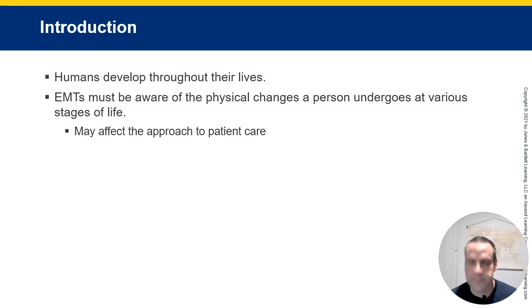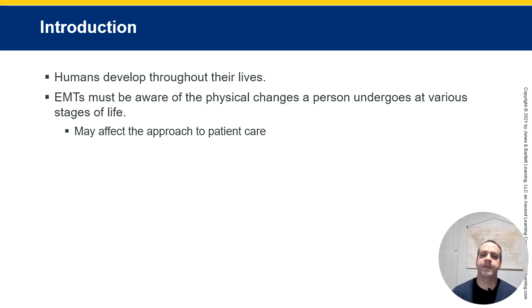So let's begin with the big picture. Okay, human development itself is continuous, right? And as medical providers, it's important to understand the physical and the psychological transitions that take place from birth all the way through old age. So these changes directly impact how we evaluate our patients and make decisions about care.